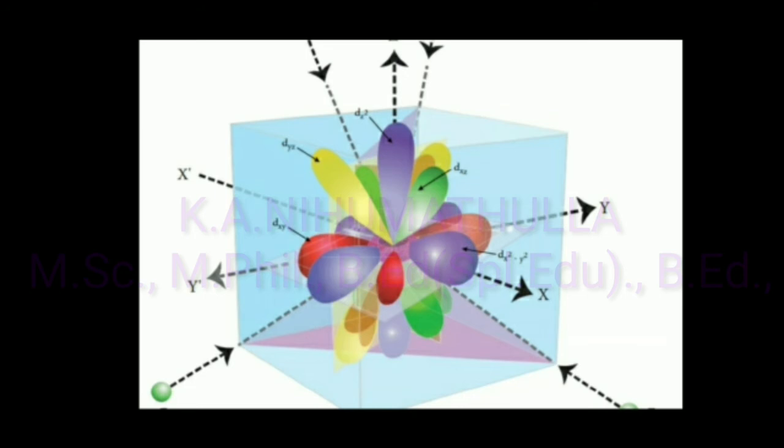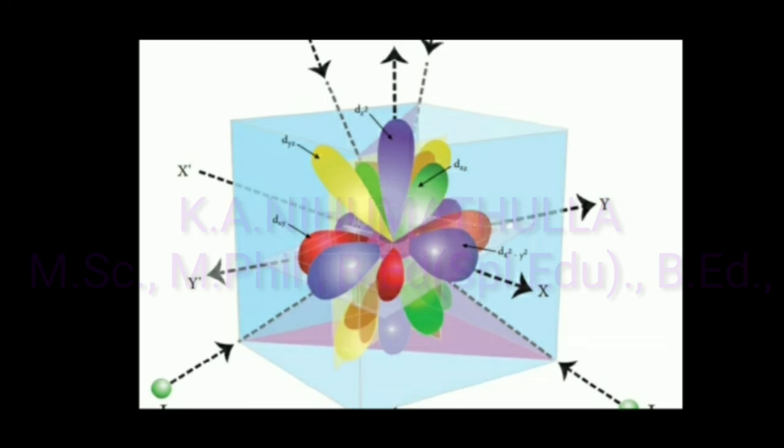However, the T2g orbitals, which are dxy, dyz and dxz, point close to the direction in which the ligands are approaching, closer than the Eg orbitals.